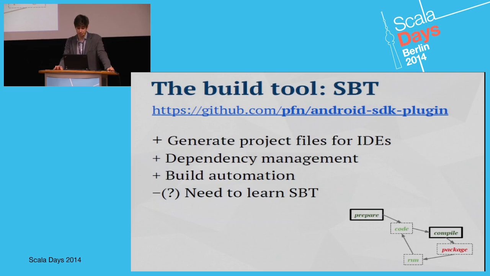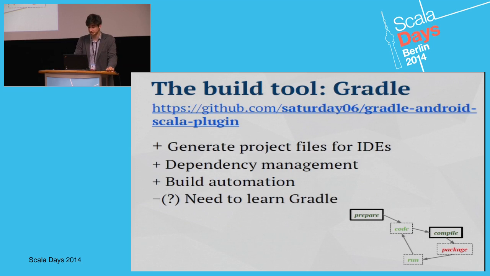There is only one downside, which is not a downside for some people: you have to learn SBT. You can also use Gradle, which is what most people in the Android world use. There is a plugin for Gradle to be used with Android and Scala, and here's the link. Again, it's the same advantages and the same disadvantage, that you have to learn Gradle, or at least know how to use it.